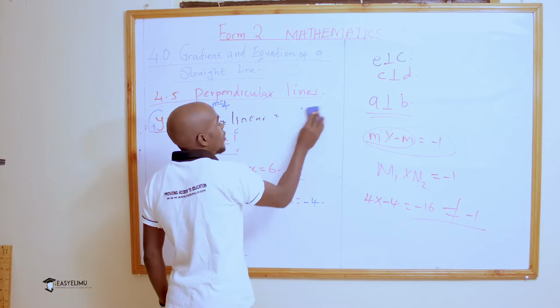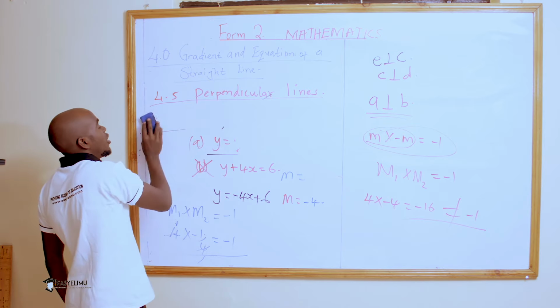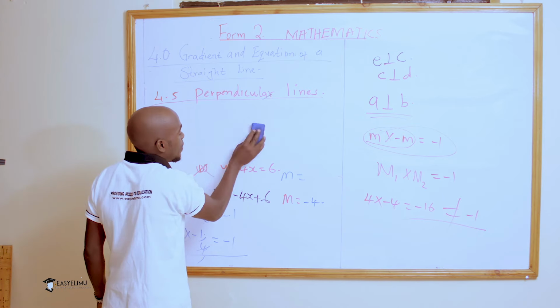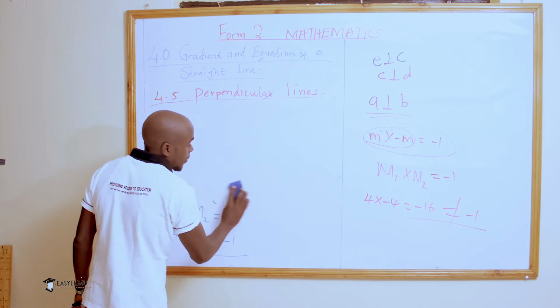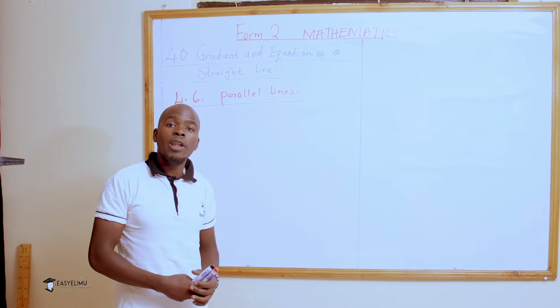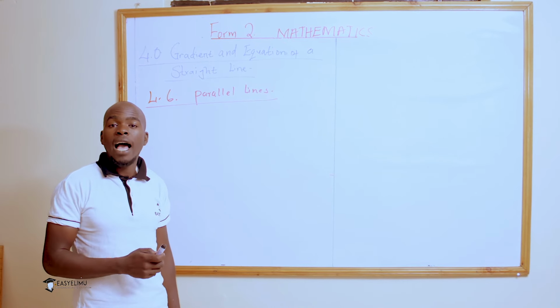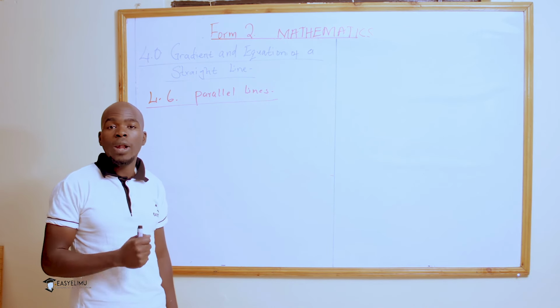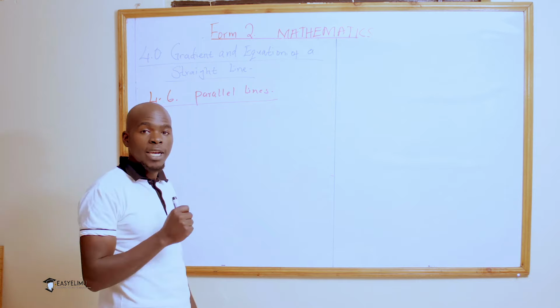So I believe you have no difficulties identifying and also calculating equations which are perpendicular to each other. In case you need to identify parallel lines, you will find that parallel lines are lines which have the same gradient.